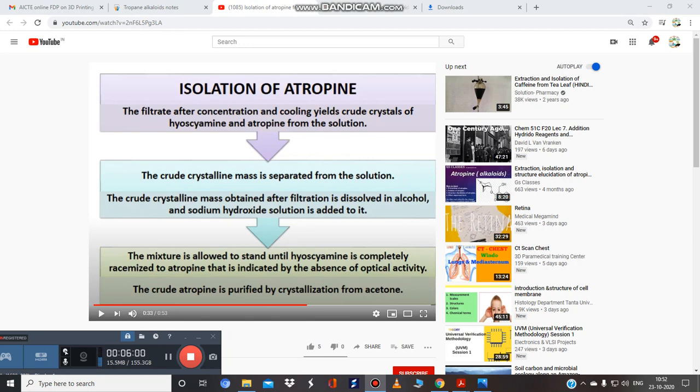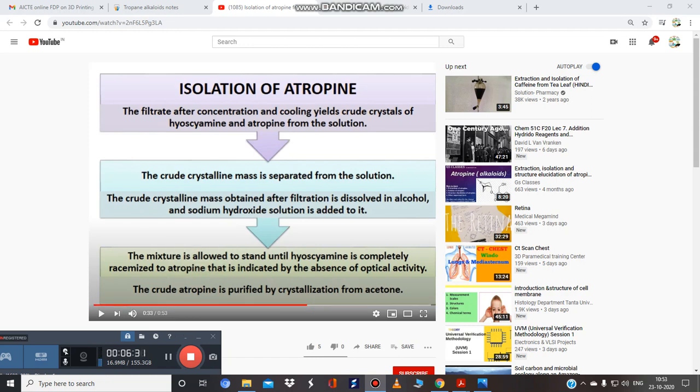So it will yield crystals of hyoscyamine and atropine after crystallization. At this point, atropine and hyoscyamine are present together. The crude crystalline mass is separated from the solution and obtained after filtration, then dissolved in alcohol, and sodium hydroxide solution is added to it.